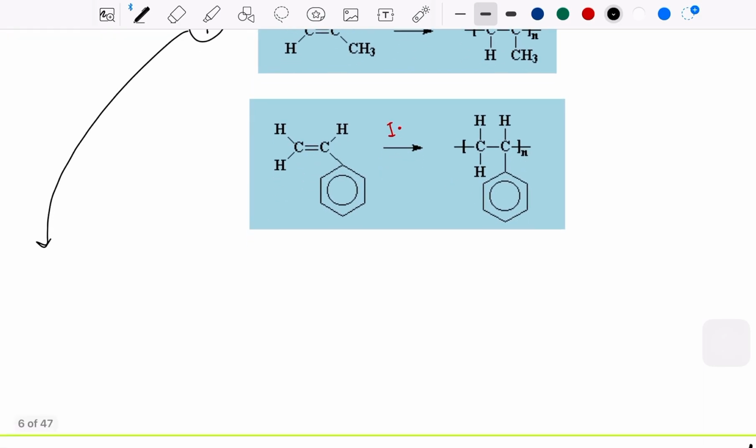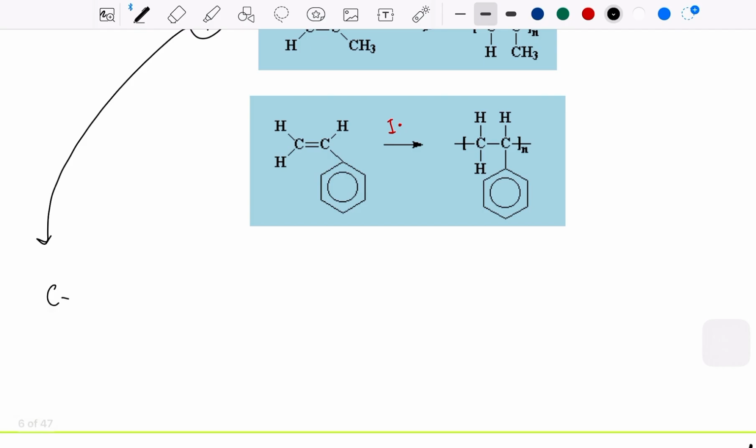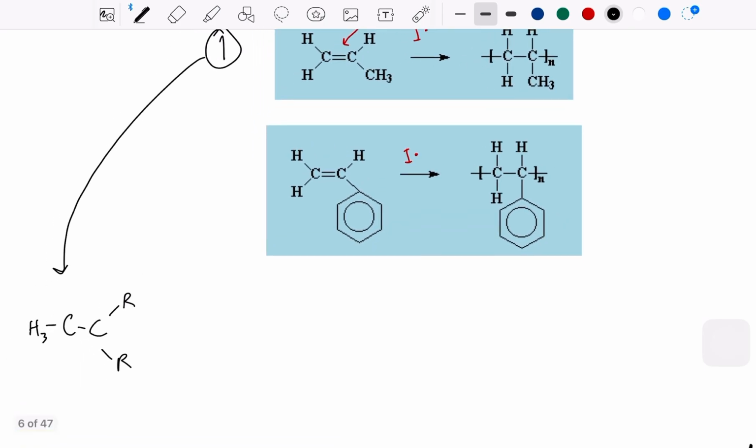Let me write it down here. So it has the unpaired electron. This is the electron from the initiator, okay, the radical initiator. And then it will react with another monomer.